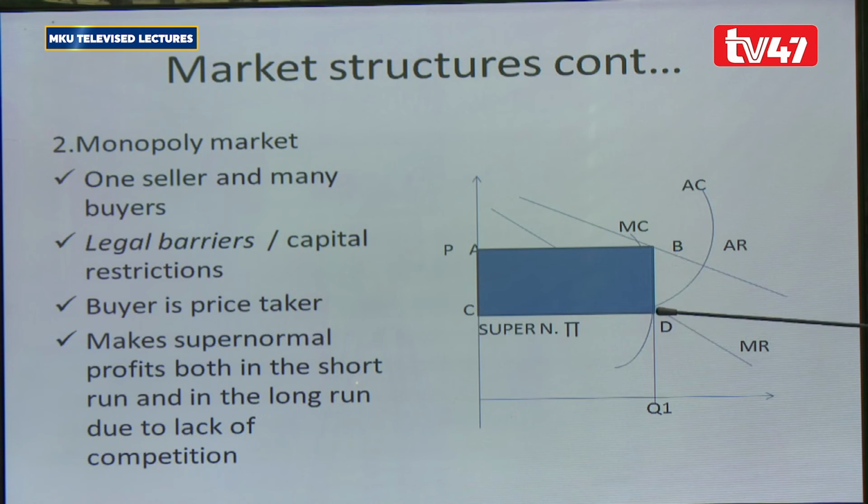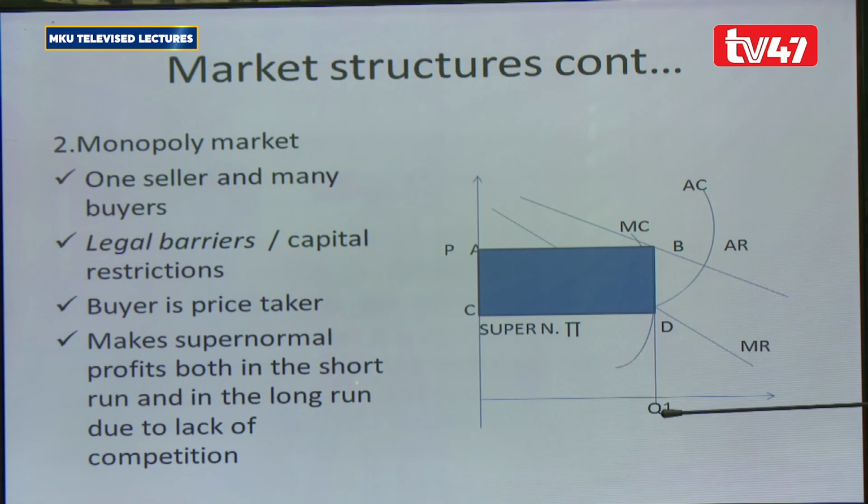So at this point D, the firm is already maximizing the profit. However, they are able to sell the same Q1 at a higher per unit revenue. Because the average revenue curve is above the marginal revenue curve, they are able to make a supernormal profit equivalent to A, B, C, and D.